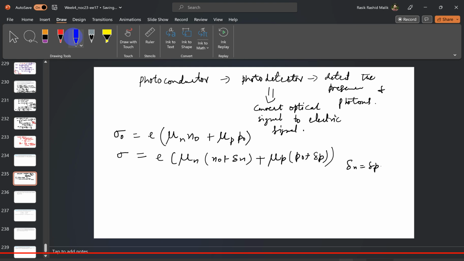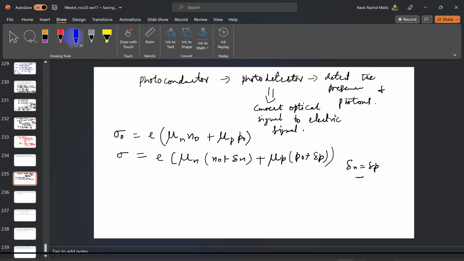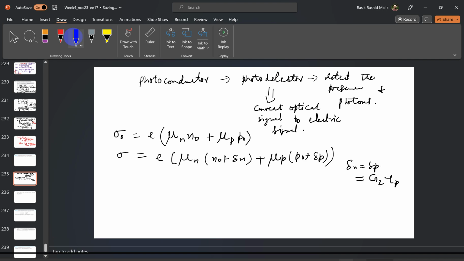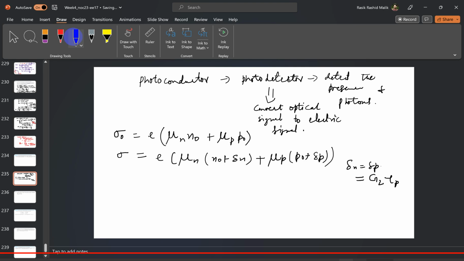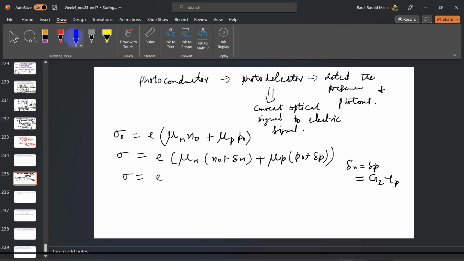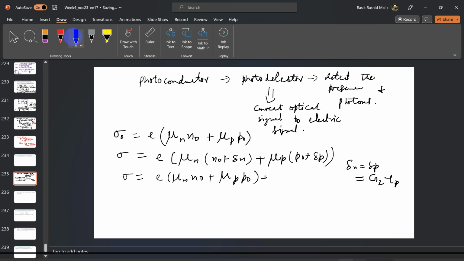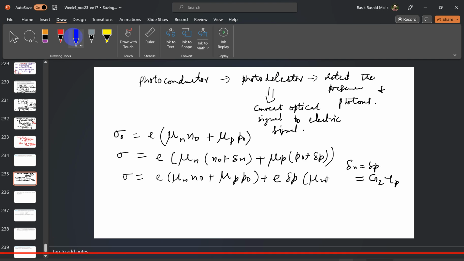In the steady state, delta n equals delta p, which equals the generation rate of these excess carriers times the time constant tau p. So we can write this conductivity as e(mu_n n0 + mu_p p0) + e delta p (mu_n + mu_p).